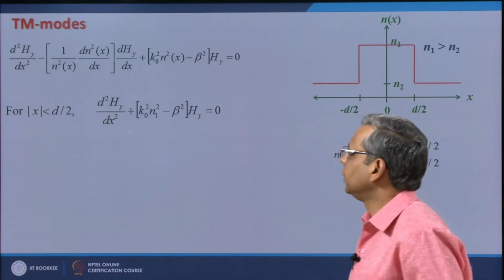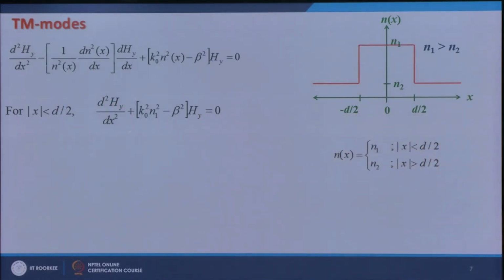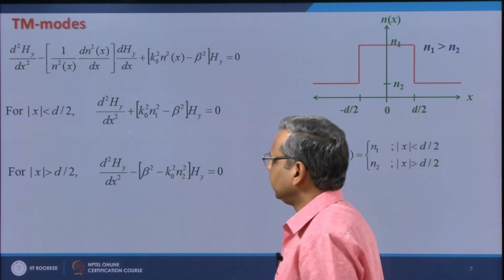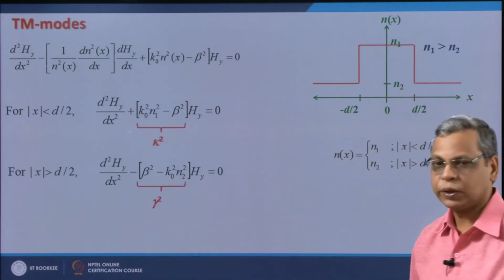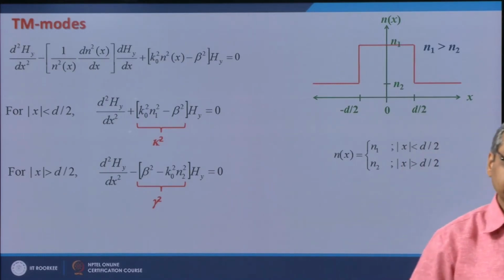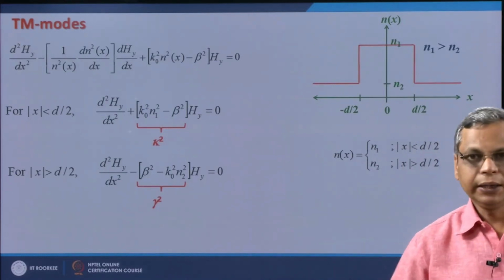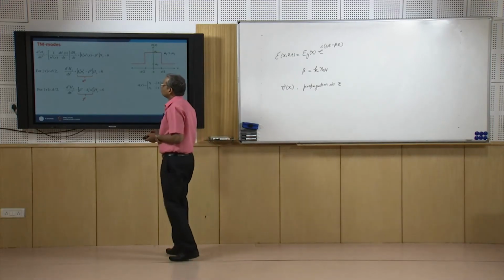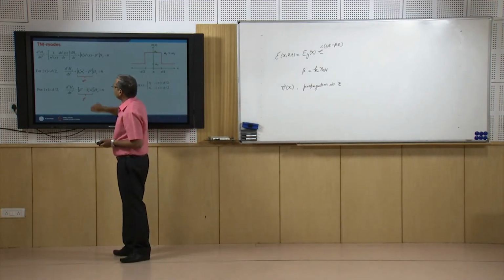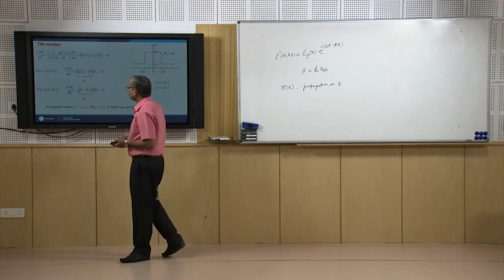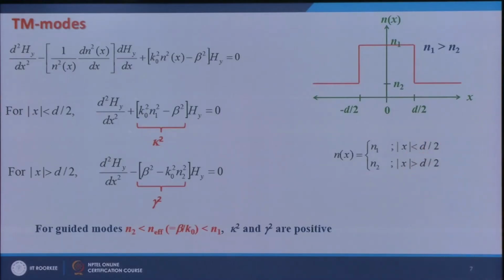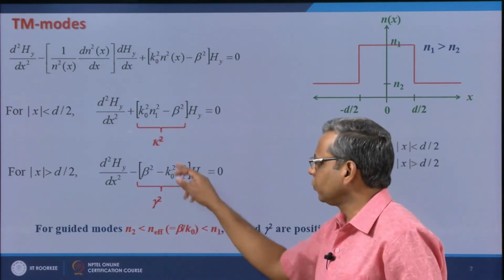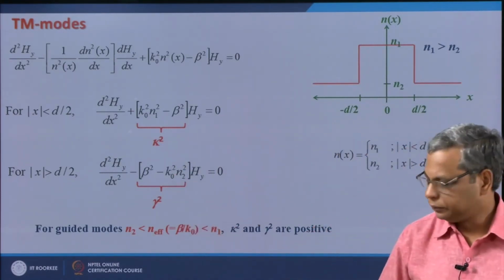So, I have this equation for mod x less than d by 2 and this equation for mod x greater than d by 2, and you can see these equations are exactly the same as we had obtained in the case of TE polarization. So, again I define this as kappa square and this as gamma square, and since I am interested in guided modes, kappa square and gamma square are positive.